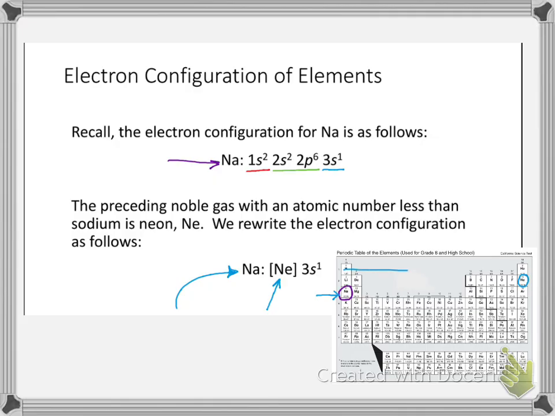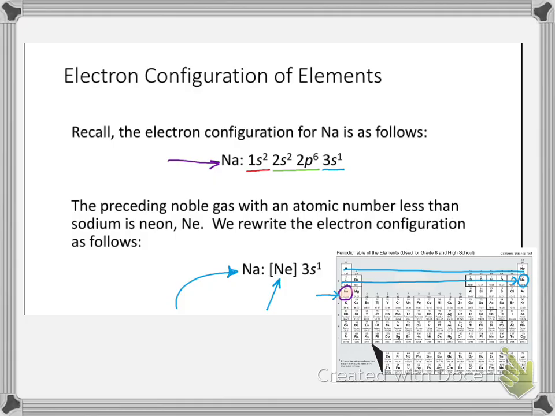So the first energy level and the second energy level are all present. Then you write the electron configuration of whatever electrons are in the period or row that your element is in. So here it is 3s1. In this particular situation, all we really see is what is in the outermost level of sodium. So that's just a reminder about electron configurations.